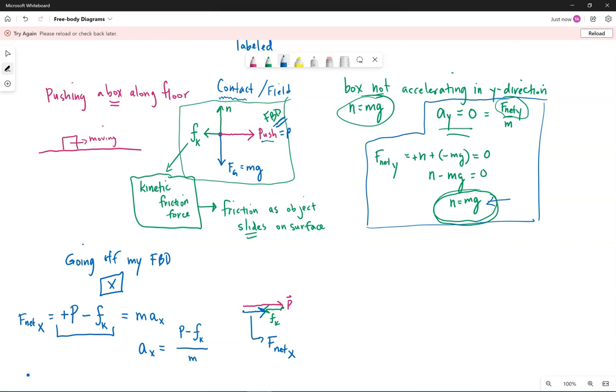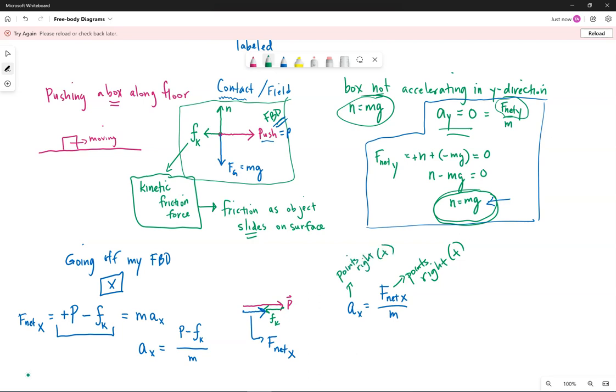So that net force being to the right, divided by the mass, tells us that the acceleration of the box will be to the right. So if the net force points to the right, meaning the positive direction, the acceleration also points right.